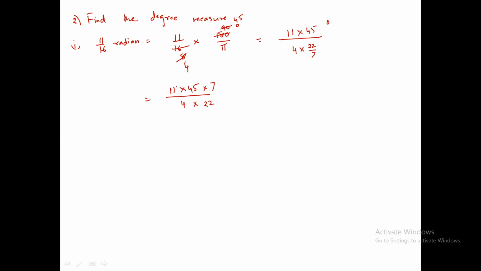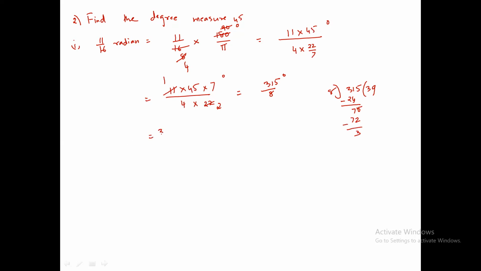So I can cancel 11 ones, 11 twos. So 45 into 7 is 315 by 8 degrees. But this I can divide. 315 I can divide by 8. 8 threes are 24, bring down 7 and 5. 8 nines are 72, so remainder 3.